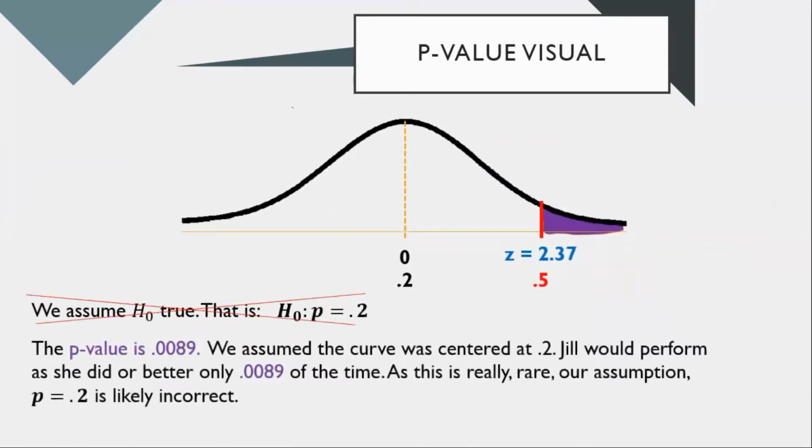So to sum it all up here, we assumed the curve was centered at 0.2, but Jill's performance, assuming she was just guessing, would only occur with probability 0.0089, that p-value. Since that's really, really rare, it's a strong indicator that our assumption that the curve should be centered at 0.2 is incorrect.